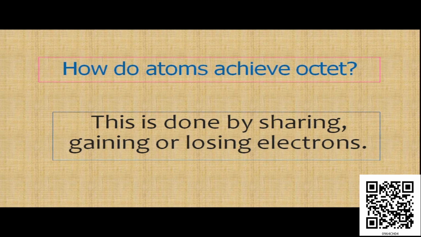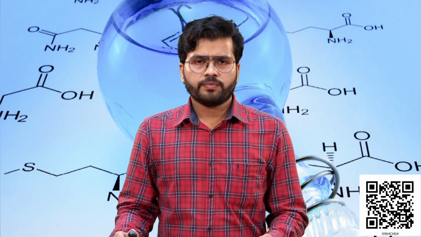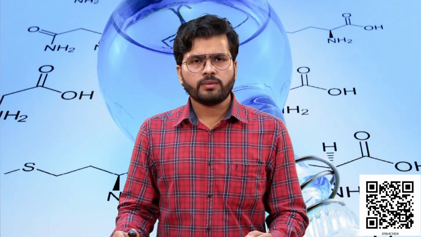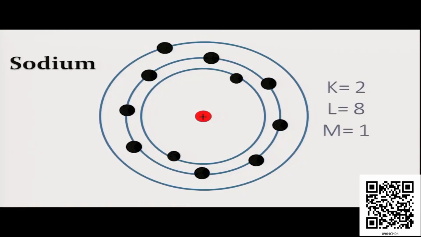We will take some specific examples in order to understand how they achieve this 8-electron configuration in their outermost cell. So let's take one example. If you look at the example of sodium, it has 11 electrons. And how are they distributed?